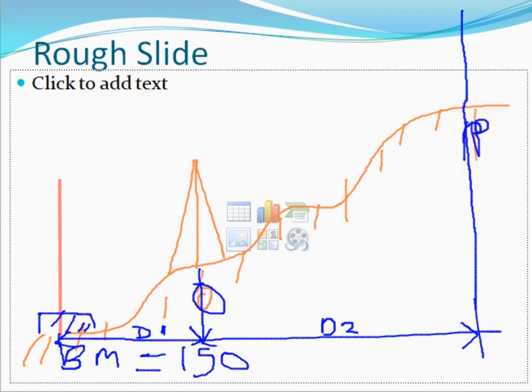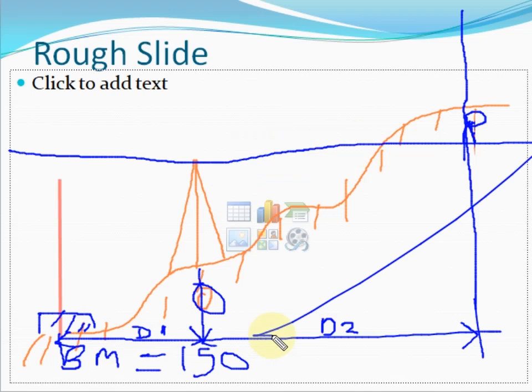Let me rub this and draw again. This is point P. This is the horizontal line of sight. Then I have the angle of depression.